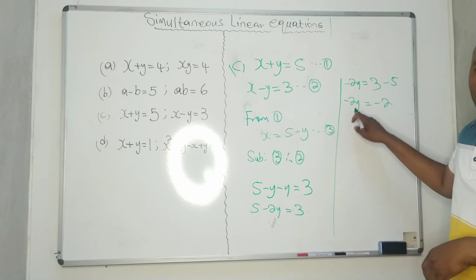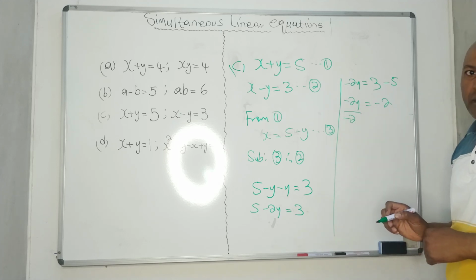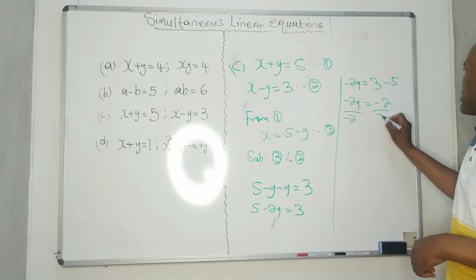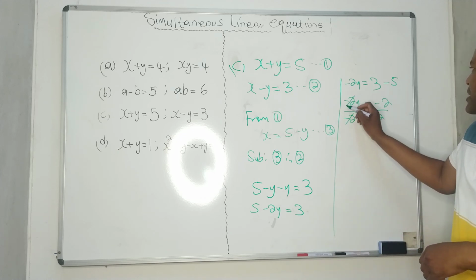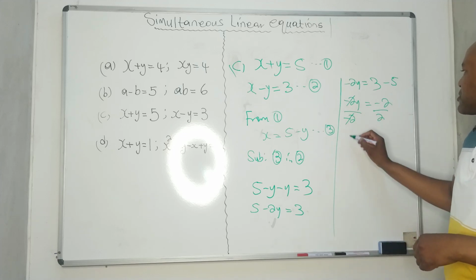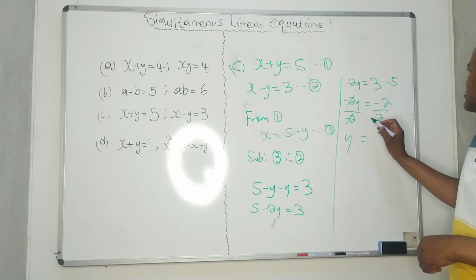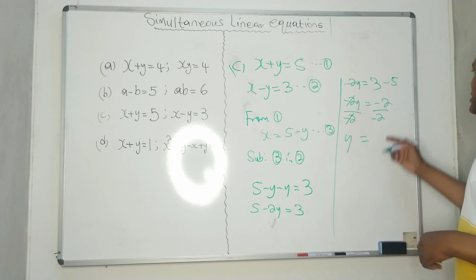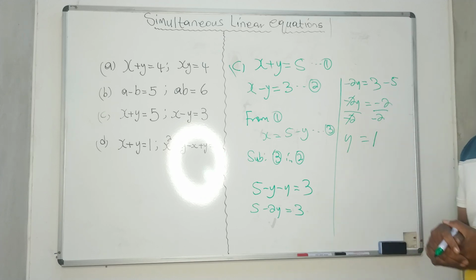But I want the value of y. I'm going to divide by the coefficient of y, which is negative 2, both sides. And this will go once into negative 2 there, and then I remain with y is equals to, I should have divided with negative here, and then negative 2 into negative 2, the answer is 1.